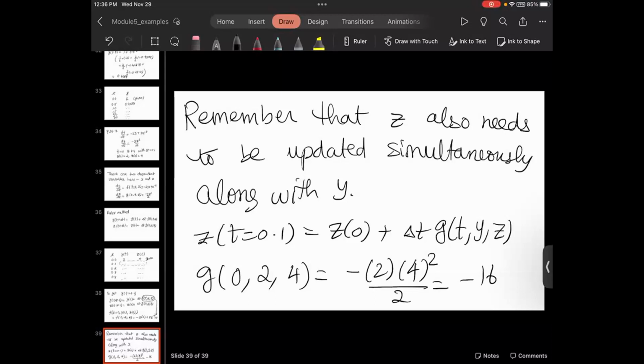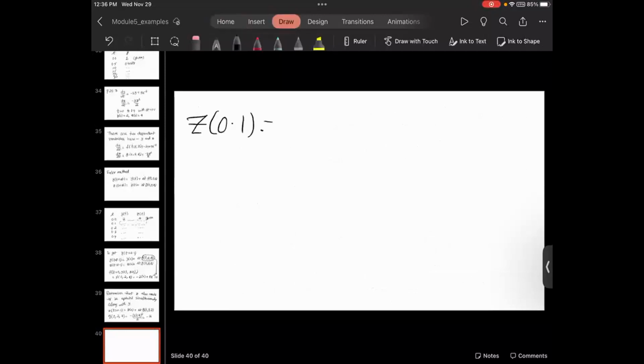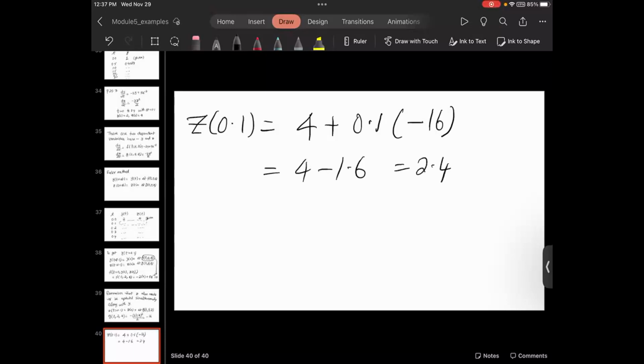Okay. So then what is our z value here? Z at 0.1 is going to be z of 0, which is 4, plus 0.1, which is delta t, multiplied by minus 16. So that is 4 minus 1.6, which is 2.4. So if we go back to our table in slide 37, y of 0.1, we haven't done y of 0.1 yet.